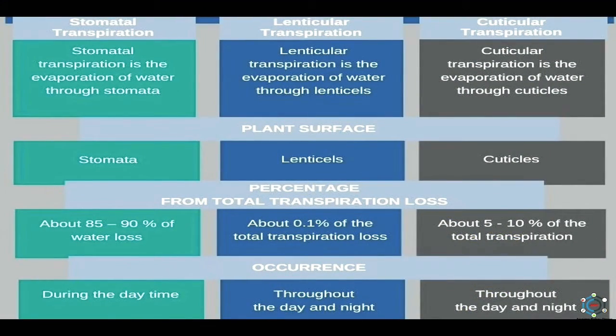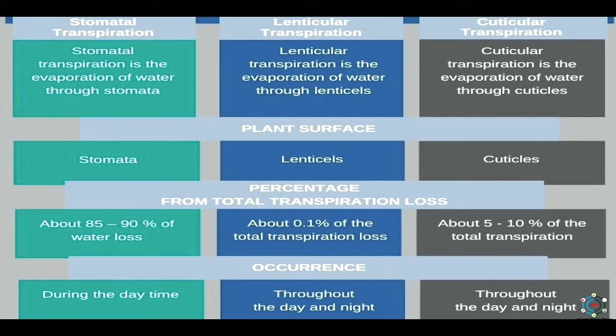Now, here you can see the main differences between stomatal transpiration, lenticular transpiration and cuticular transpiration. Stomatal transpiration is the evaporation of water through stomata, lenticular transpiration is the evaporation of water through lenticels, and cuticular transpiration is the evaporation of water through cuticles.